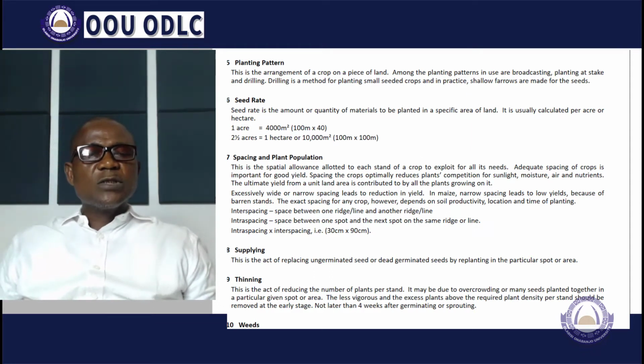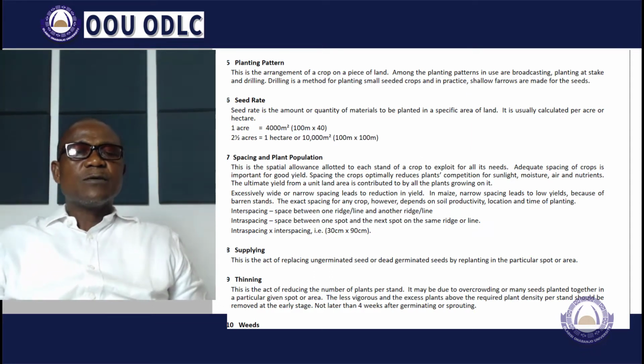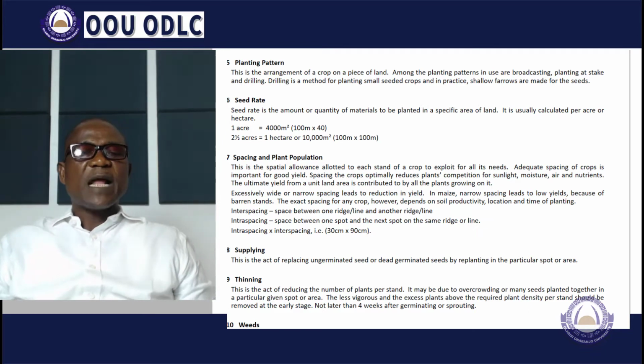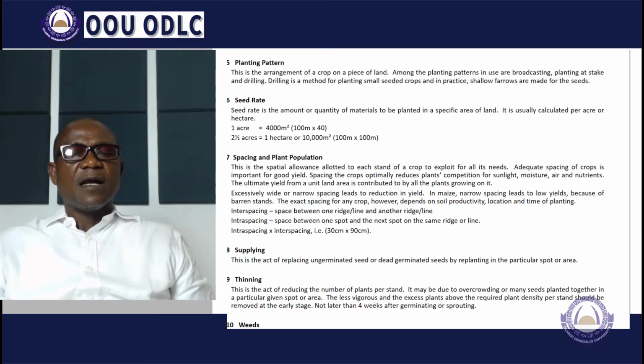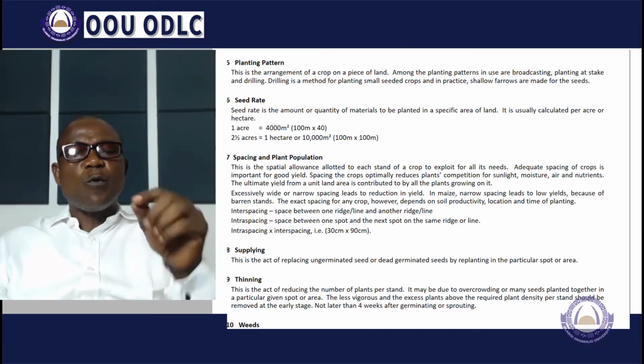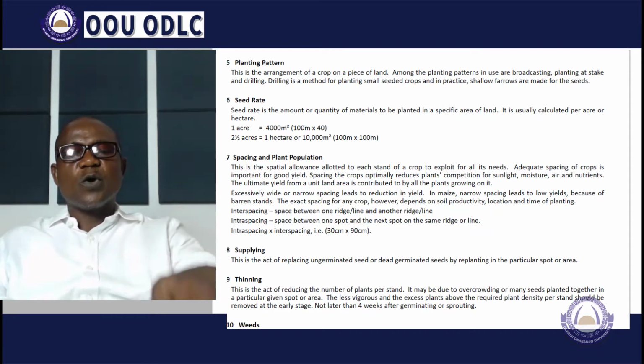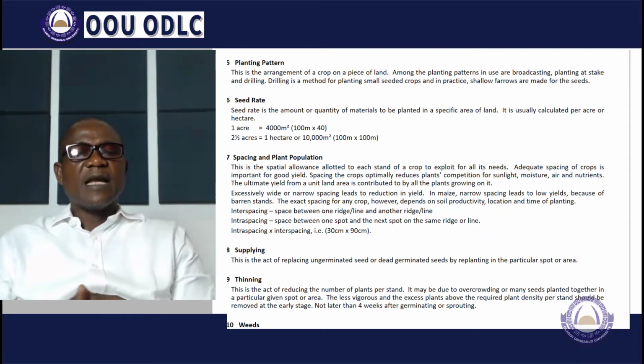It is important to note the following terms that have to do with planting, with spacing and plant population. The first one is interspacing. Interspacing is the space between one ridge or line and another ridge or line. Intraspacing is the space between one spot and the next spot on the same ridge or line.